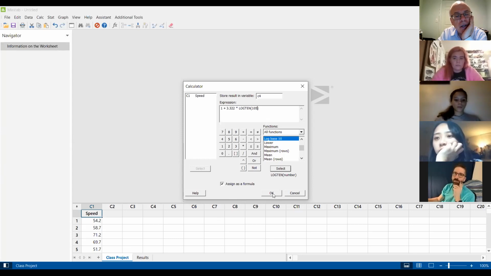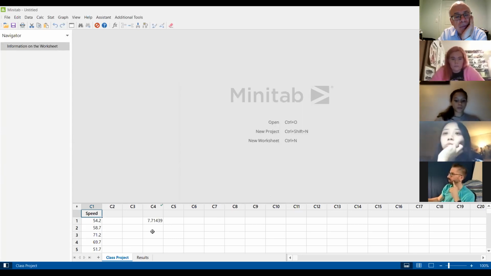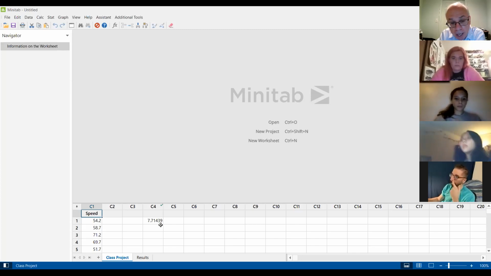All right, hit OK. Notice it comes out to 7.71439. So this is an estimate of the number of classes that you should use when you have 105 data points. I would just round it up to the next whole number, 8. Make sense? We're going to use 8 classes for this.